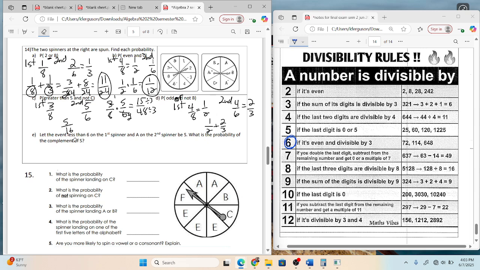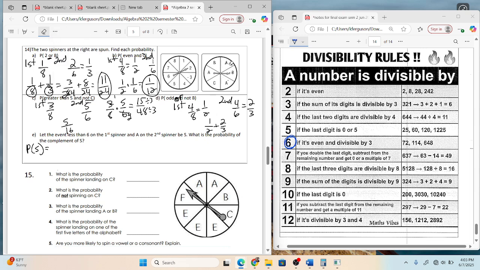All right, let the event less than 6 on the first spinner and A on the second spinner be S. So what I'm doing there is I'm just giving it a label. Okay, so I can say, what is the probability of S? So less than 6.